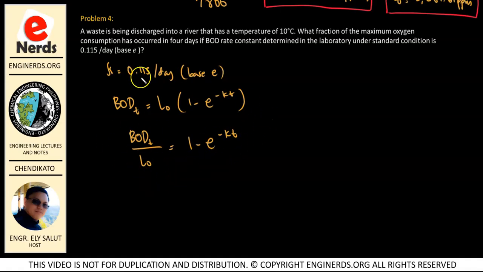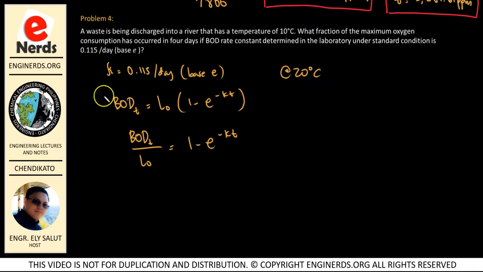Okay, so makukuha natin yung fraction by solving for this. Kaya lang, ang given natin ditong K, actually, is done in the laboratory under standard condition. So, ano ba yung standard condition natin? Napag-usapan na natin yan sa ating lecture, no? Yung standard condition natin is to incubate our sample at 20 degree Celsius.